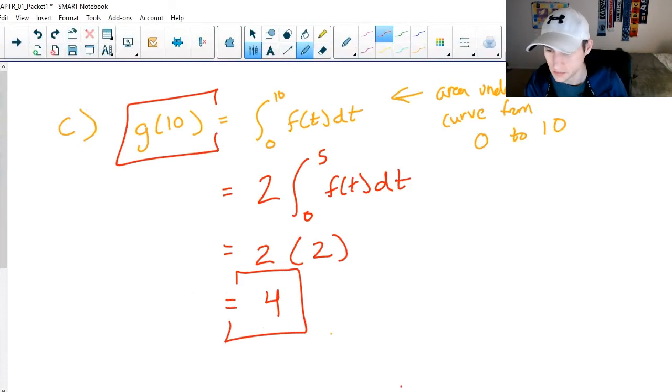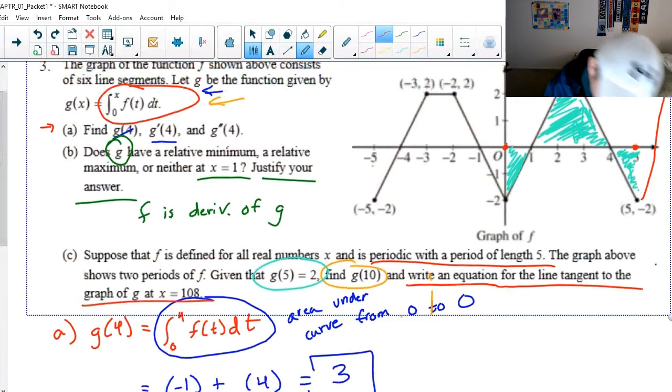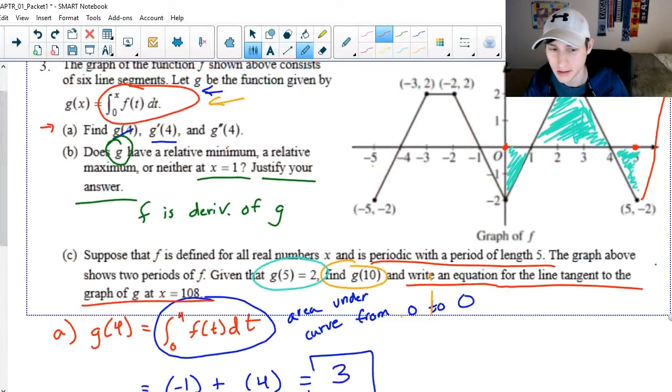So g of 10 is 4. Great. Now, I also want to write an equation for the tangent line of g at x equals 108.